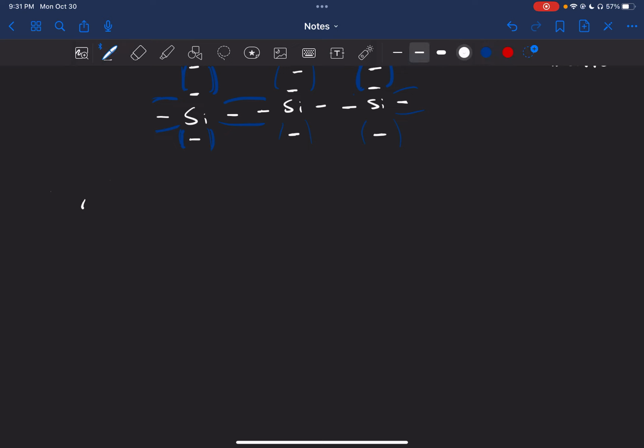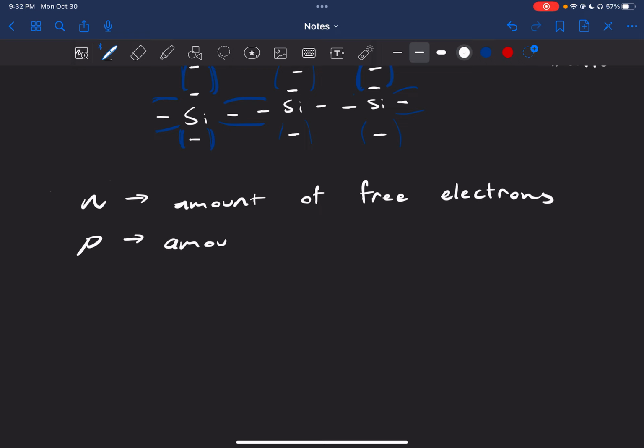We'll let n equal the amount of free electrons, right, that aren't stuck by a covalent bond. And we'll let p equal the amount of holes.